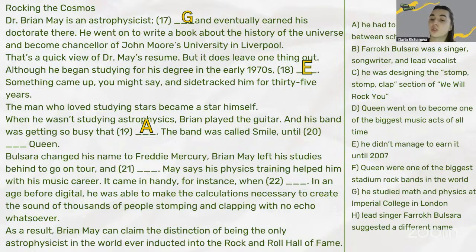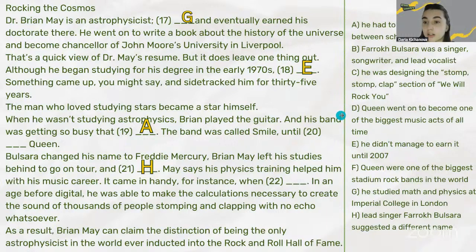Let's move on to the 20th question. And now we have this name, Queen. And after that, we may think that that will be the next gaps. But for now, the band was called Smile until what? Until we have... Okay, I skipped it. Give me a second, please. Okay.